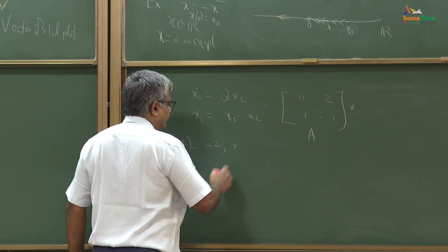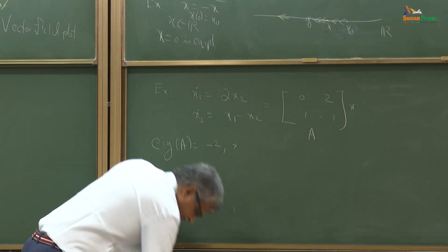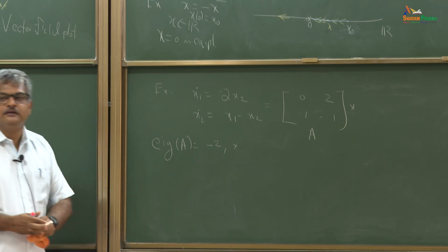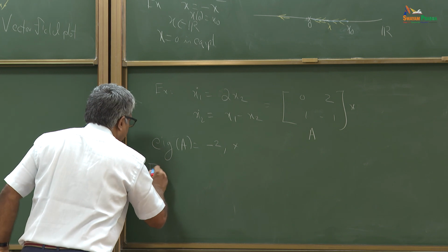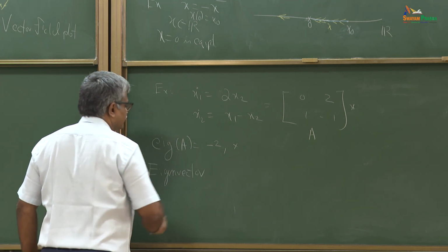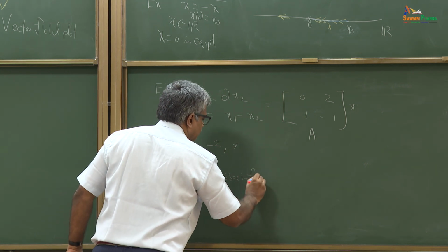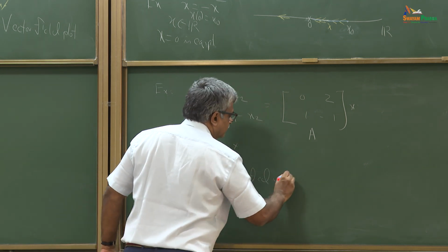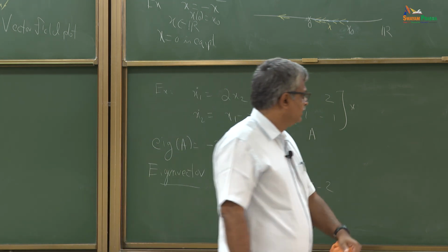Can you also give me the eigenvector associated with this? Anyway, please do compute the eigenvector associated with lambda equal to -2.